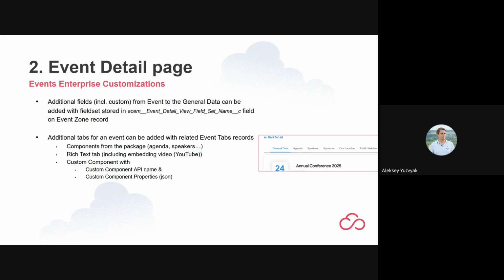And the last but not least option is the custom component tab. You can create or use a custom component, define the top level API on this component, and provide, if needed, properties for this component in JSON format. This component will be visible in a separate tab for the event.